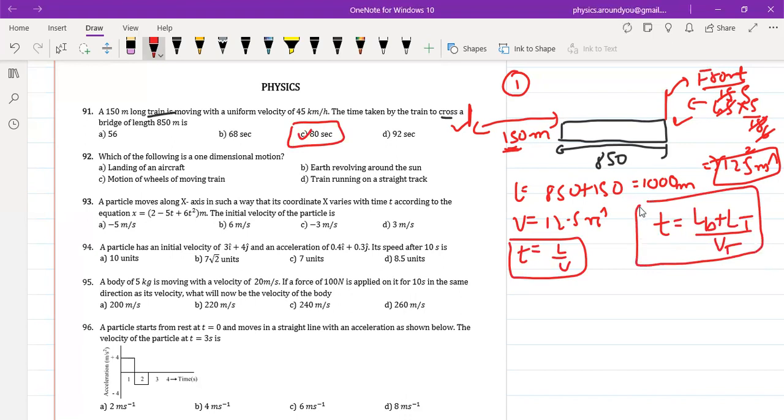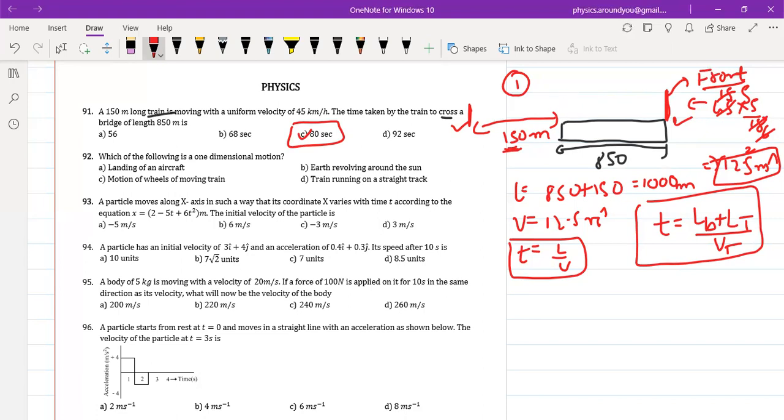But if you have to approach it logically, without emphasis on the formula, represent the train with the help of a stick and a vertical line. The vertical line should always be the front end. At the very beginning, the front end is at the rightmost edge of the bridge.